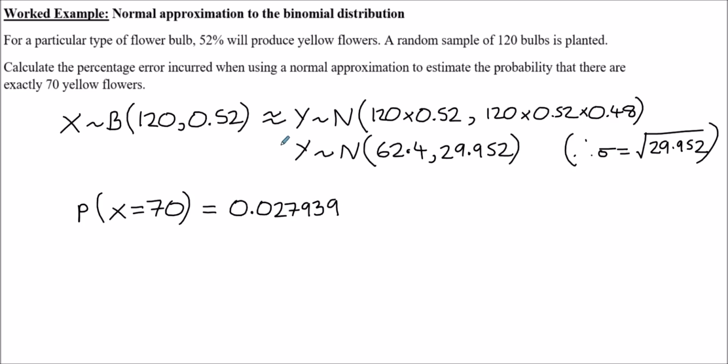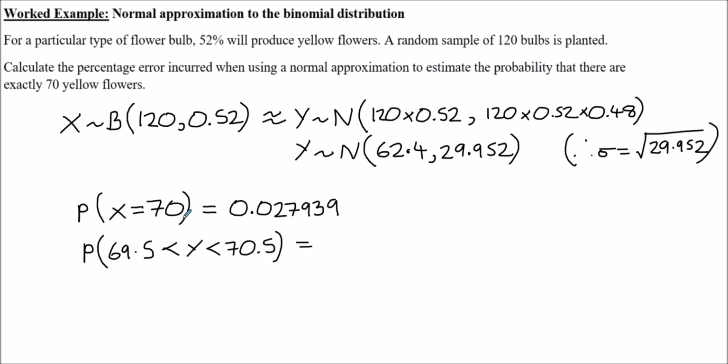And the normal approximation of it being 70 flowers, we can approximate by taking the limits 69.5 up to 70.5 by using the continuity correction.